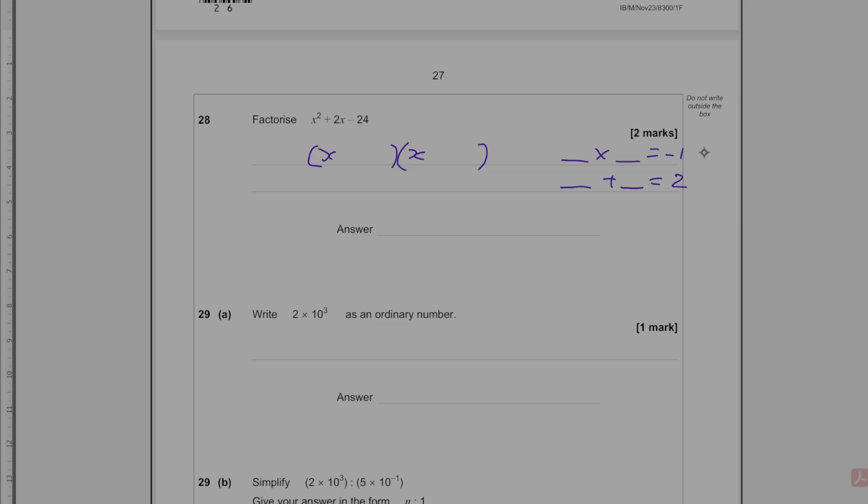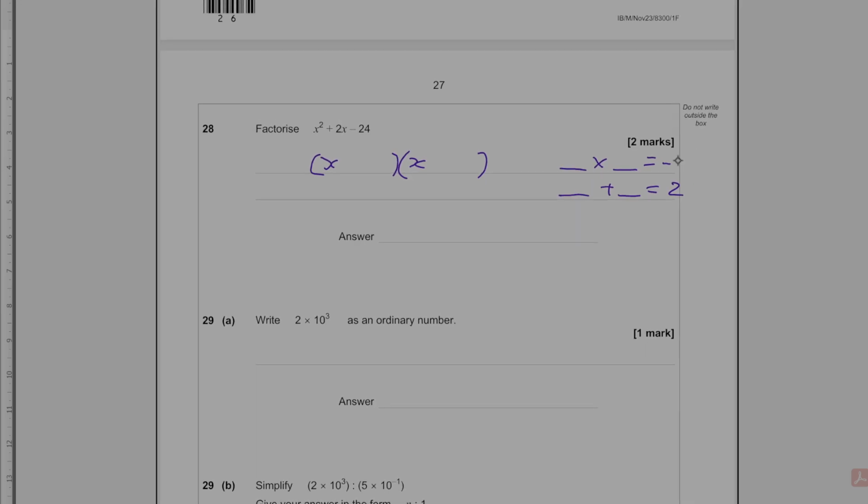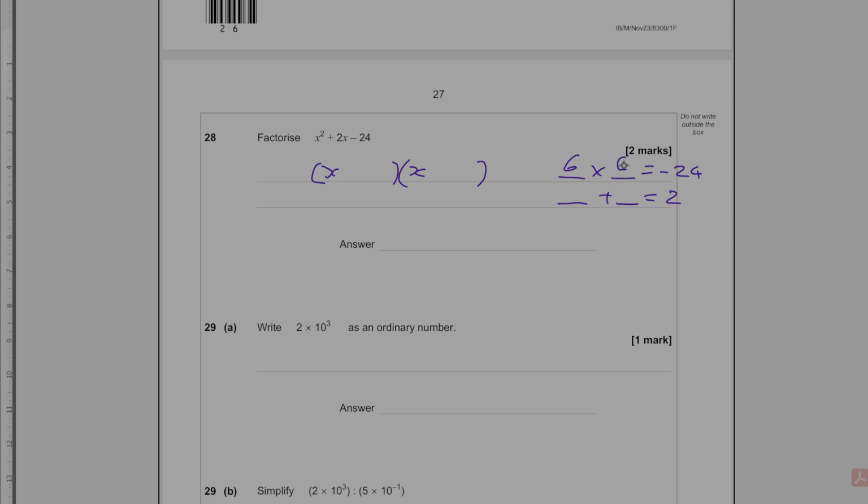I don't know where 12 came from. 24. So that's going to be 6 and 4. And the bigger one is the positive one. So we're going to go plus 6 and -4. So x plus 6 and x minus 4.